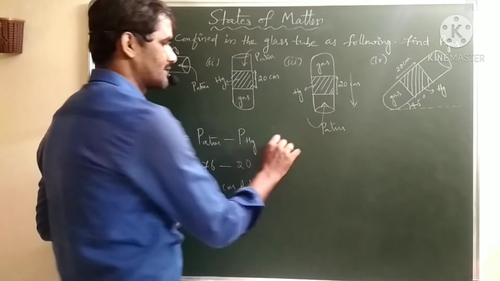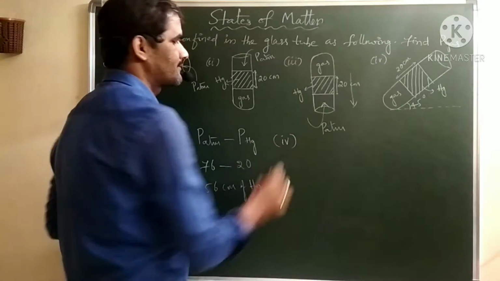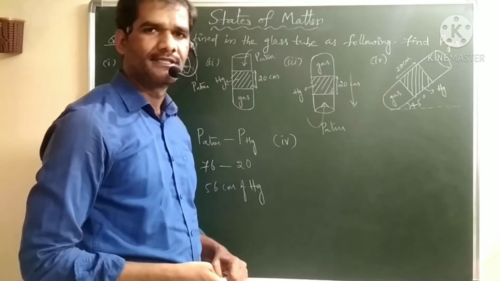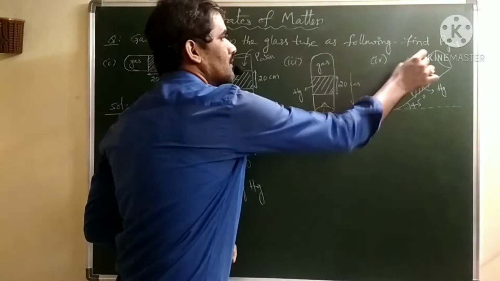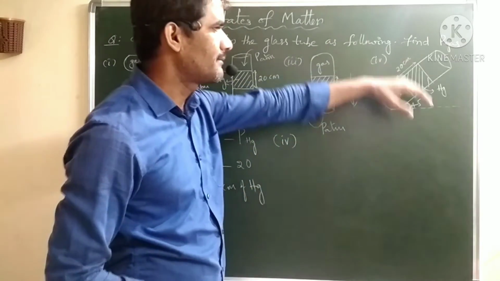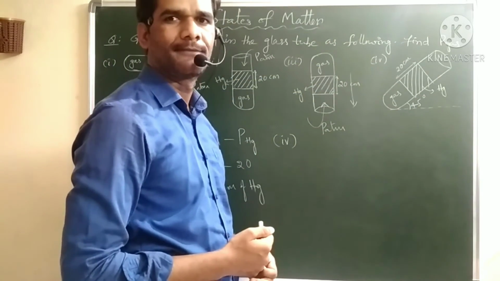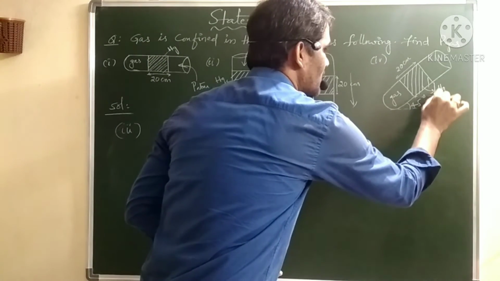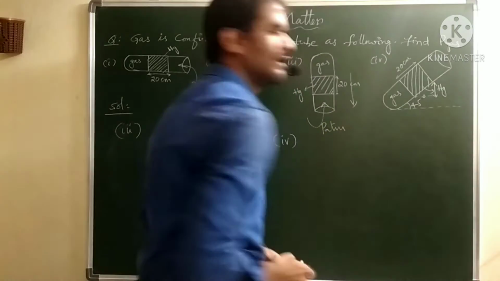And the fourth case, now it is tilted at an angle of 45 degrees. The length of the column is 20 centimeters. We have to check what the actual height of the mercury column is with respect to the base.